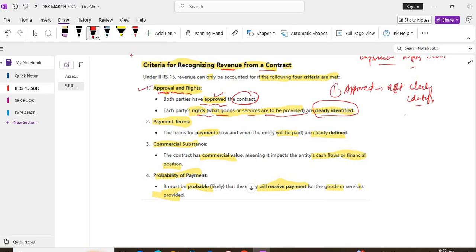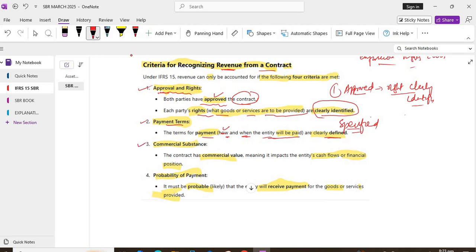Clear? Now the second one is payment terms. The payment terms mean how and when the entity will be paid are clearly defined. When the contract is approved by both parties, rights are clearly identified, and the payment terms are specified, then two criteria have been met.